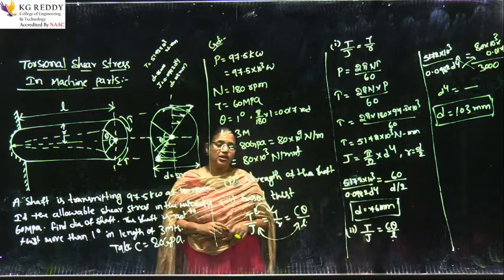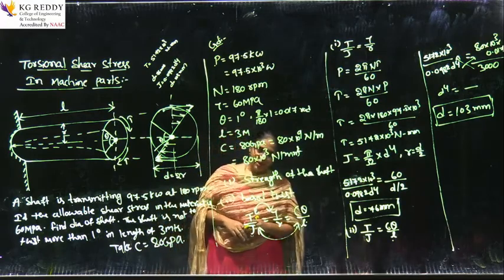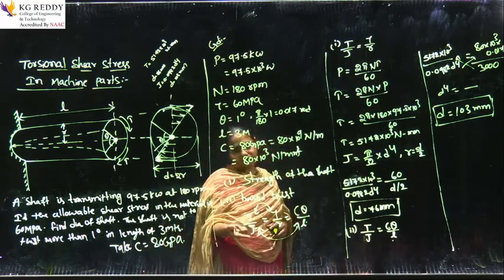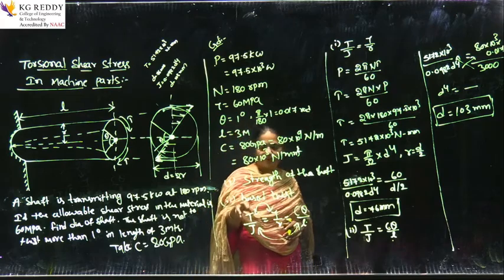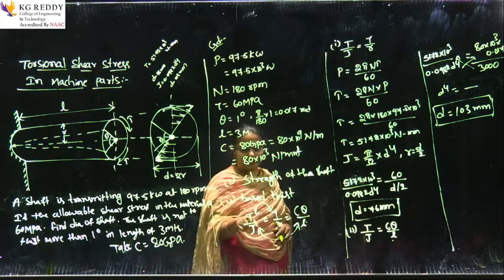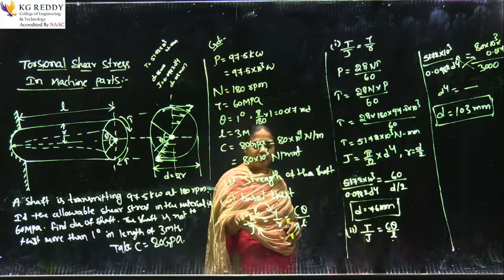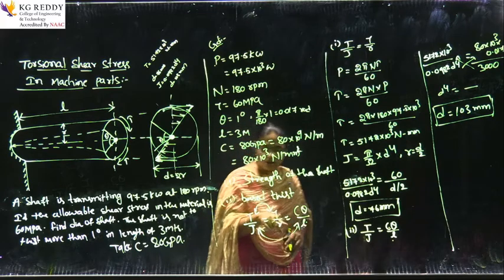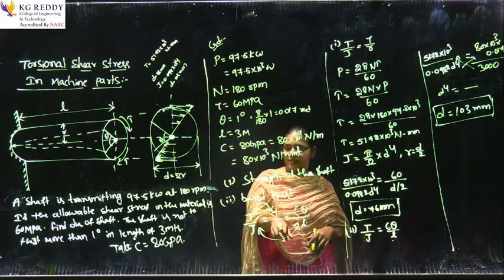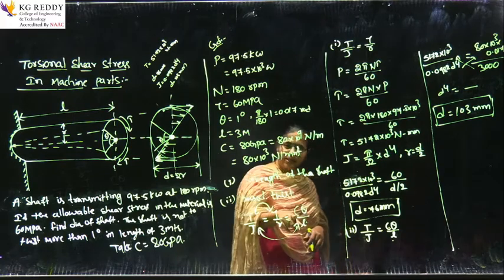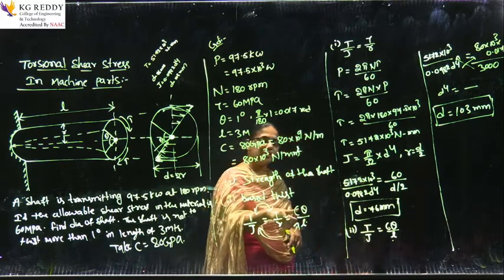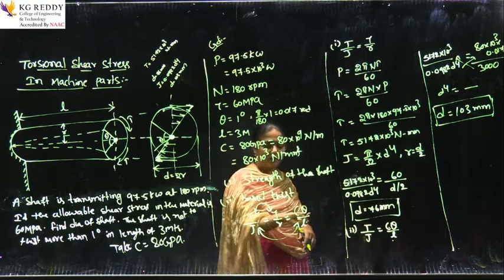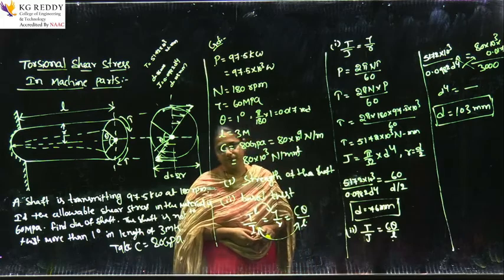So from this relation, T by J equals tau by R equals C theta by L, not only for finding the diameter of the shaft, but also we can find the torque T acting on the shaft, the polar moment of inertia, the shear stress tau, the radius of the shaft R, the modulus of rigidity C, the twist theta, and the length of the shaft.